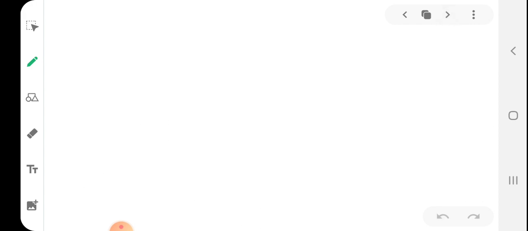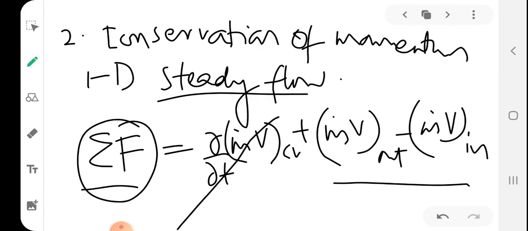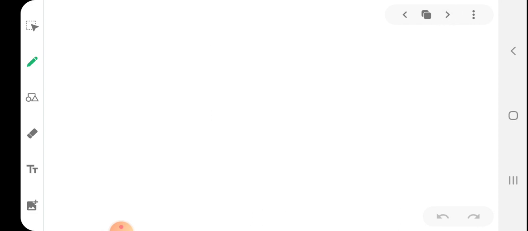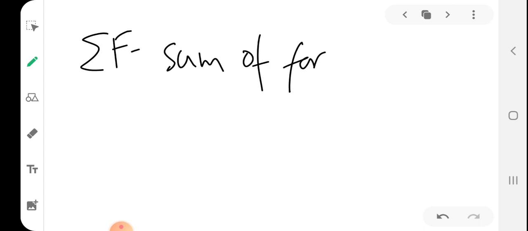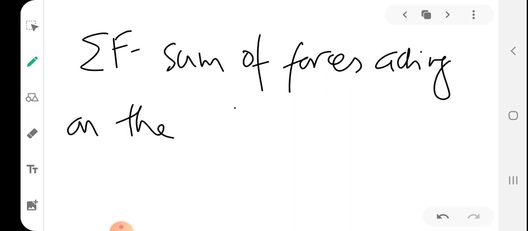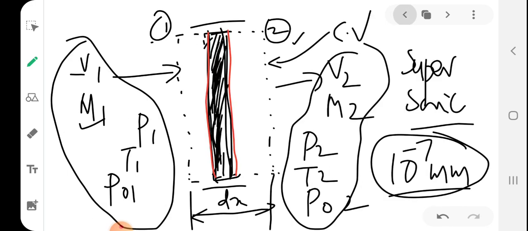So what is the sigma f term here? It is nothing but the sum of the forces acting on the control volume. What is sigma f? Sigma f is the sum of forces acting on the CV, control volume. So what are the forces acting on the control volume? Here pressure P1 is acting on this side and pressure P2 is acting on the downstream side. So P1A1 will form a force and P2A2 will form another force, right?